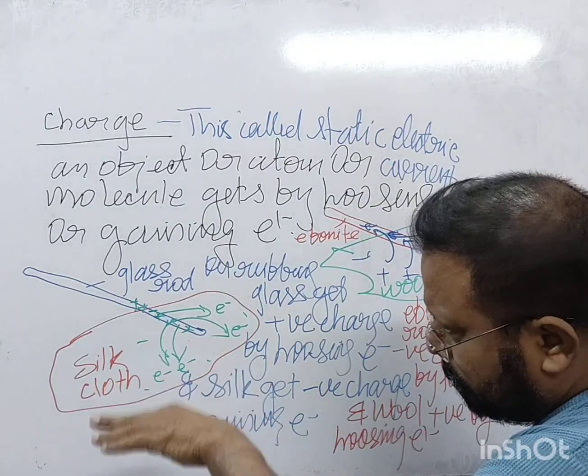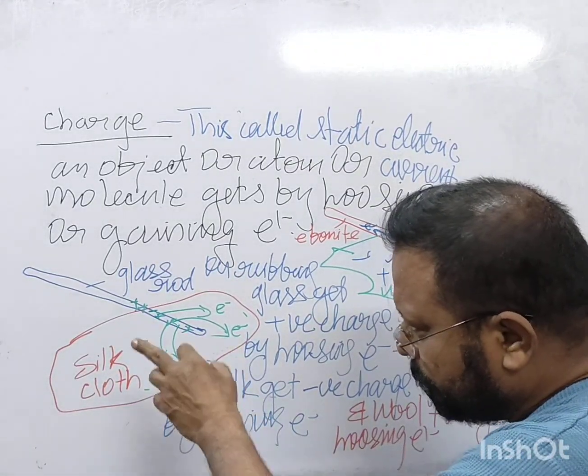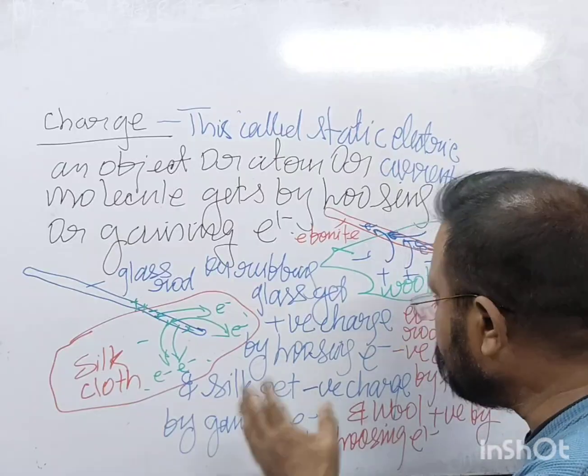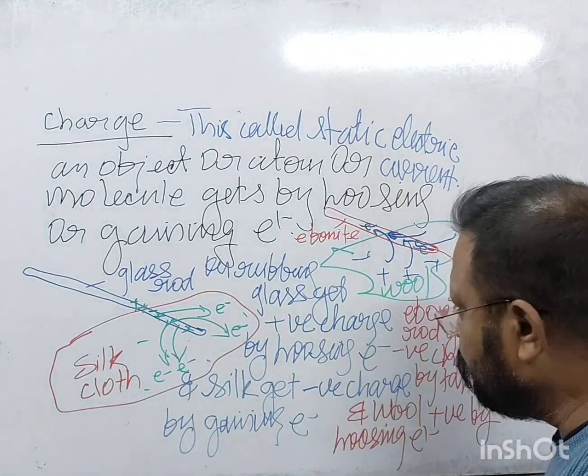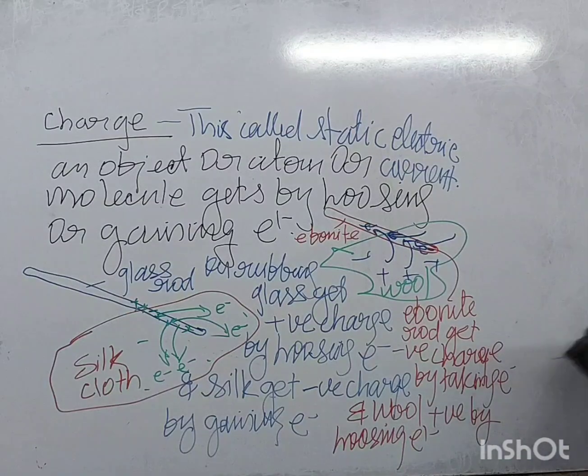Glass is losing, so it gets positive charge. Silk is gaining, negative charge. Ebonite is taking electrons, negative charge. Wool is giving, so it gets positive charge, right?